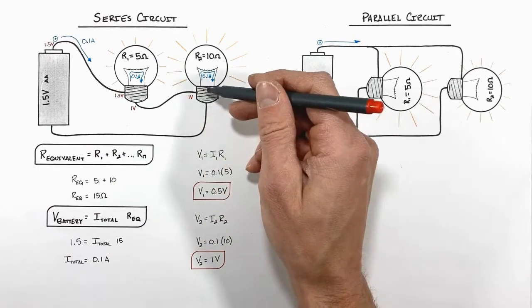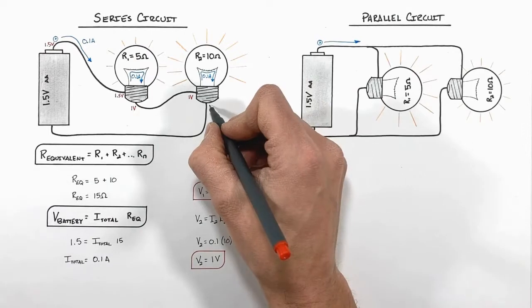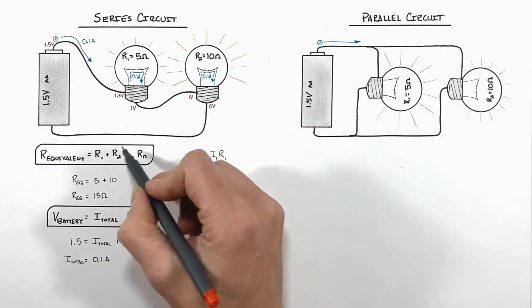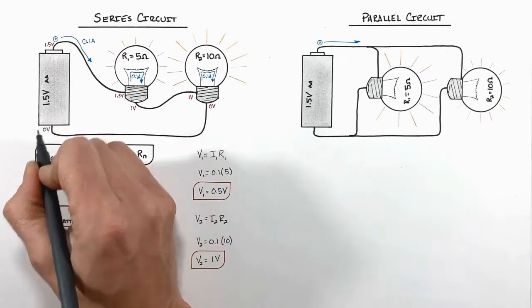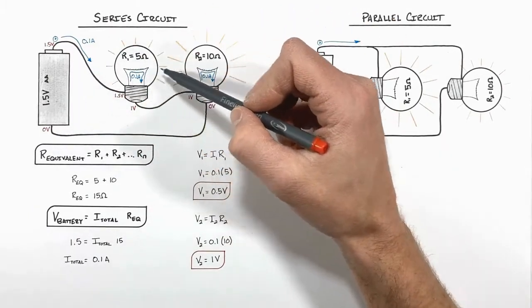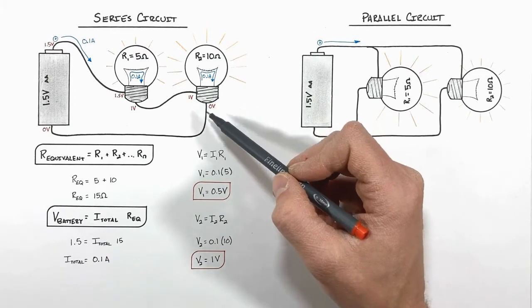And we know as it passes through this bulb, it's going to lose 1 volt of potential, leaving it with 0 volts. And so that charge will continue back to the battery. And we find that the total voltage of the battery has to always equal the total voltage used up by a charge in the circuit.